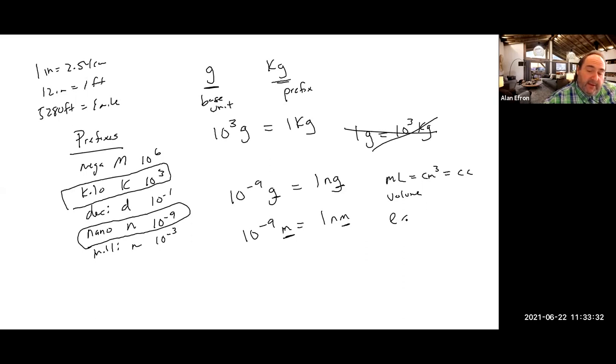You take the length times the width times the height. If you measure each of those in centimeters, a centimeter times a centimeter times a centimeter, you get a cubic centimeter, which is a volume. These are all length measurements, but 3 of them together gets you a volume. And cc stands for cubic centimeter.